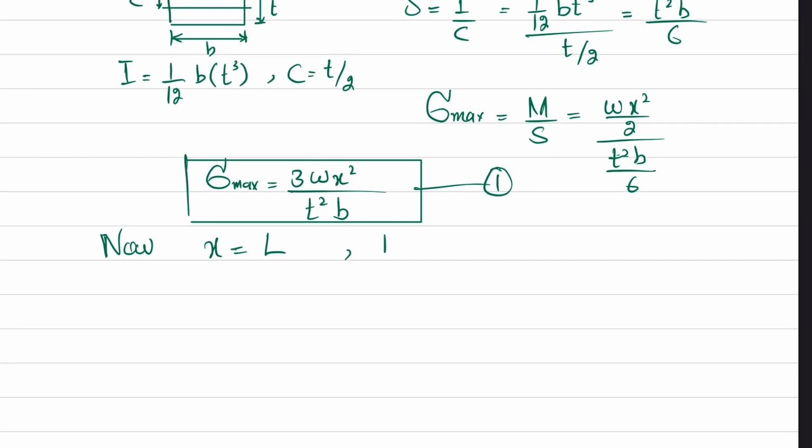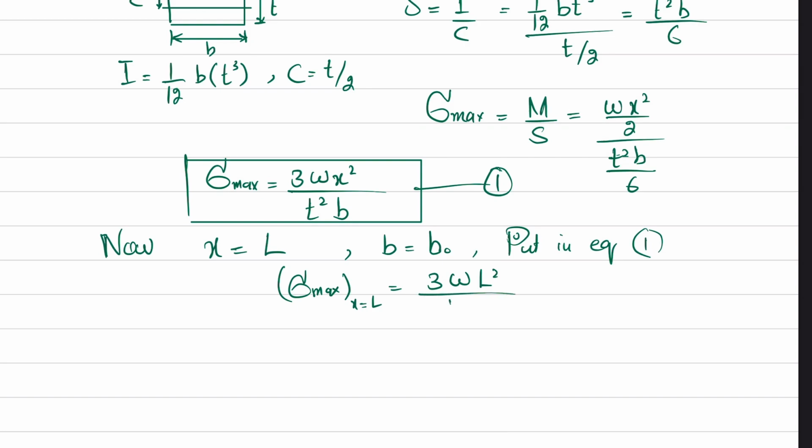So put it in equation 1. When you put it in equation 1, sigma max at x equal to L will become equal to 3WL square over T square B naught. And this is your equation number 2.